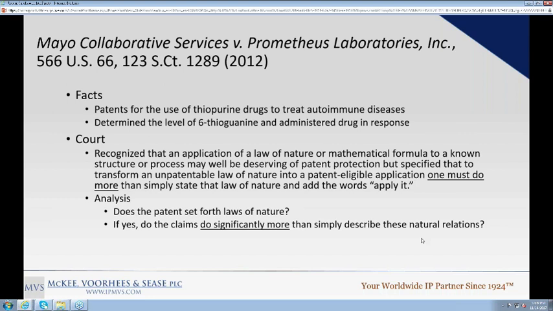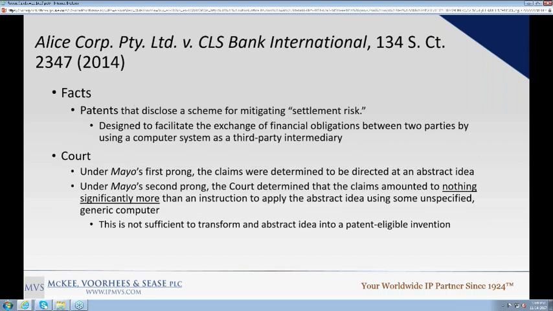You'll see that the significantly more, the inventive concept, developed, and now we're at the place that we're at, which some people criticize as overlapping with obviousness, like asking, is it obvious to arrive at this invention? We'll get into that. So the next case I'm going to highlight is Alice.